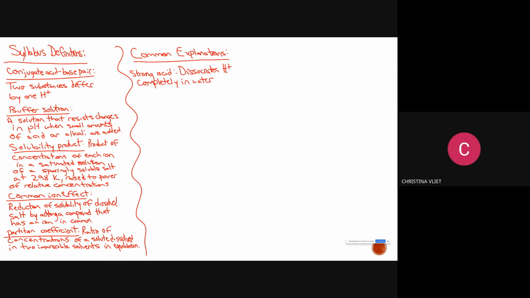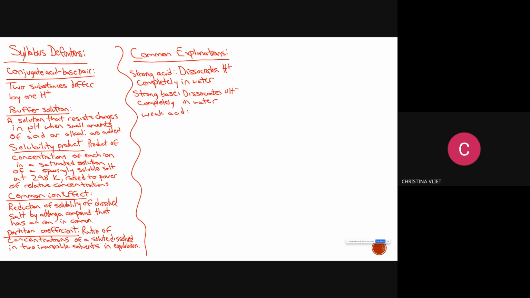So then strong base. By definition, dissociates OH minus. So what's the key difference between strong and weak? What is the key wording difference?